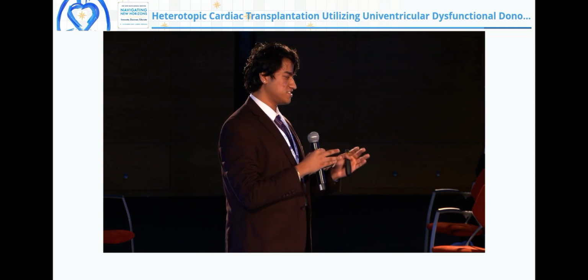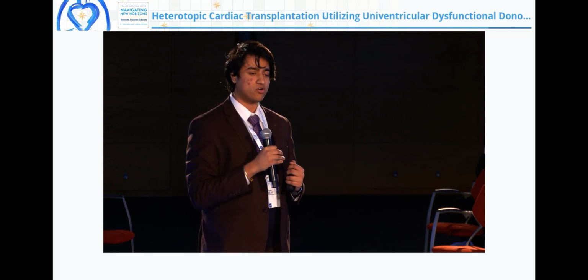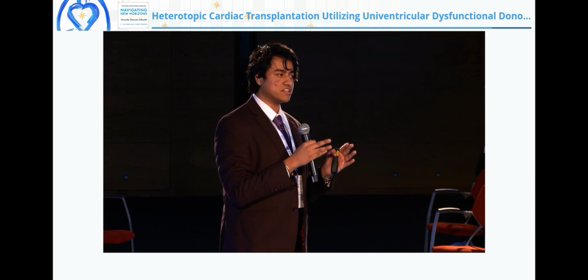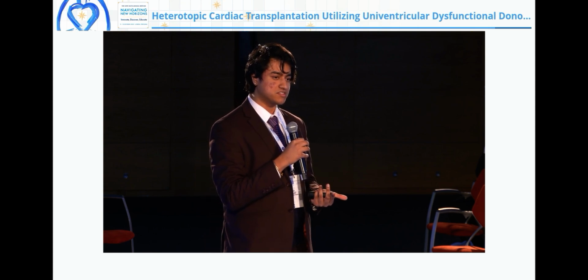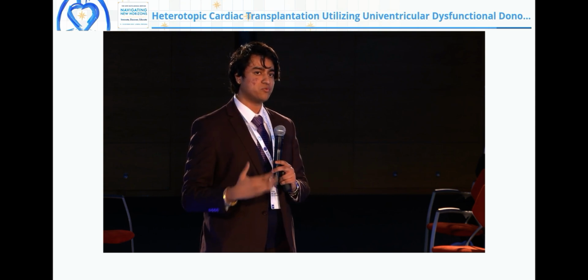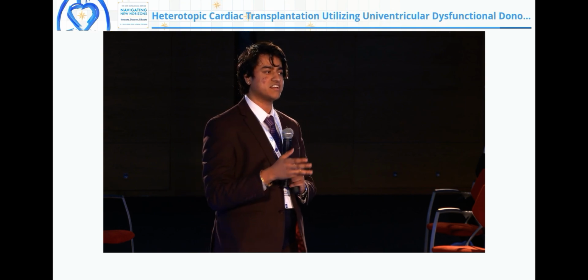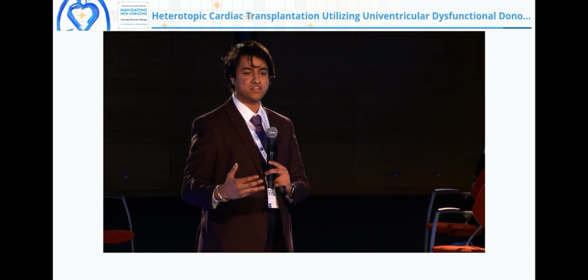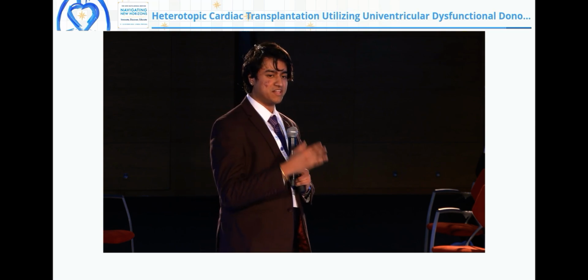However, in this use case specifically, we think that because we're using a heart which has already been offloaded and we're using only one side of the heart, we can slightly modify these guidelines because you only have flow through one of the ventricles. And in terms of which of these procedures are more feasible, we think using a donor heart as a right-sided assist is more realistic in the next few years, as opposed to using a donor heart as a left-sided assist due to the complexity of the technique.